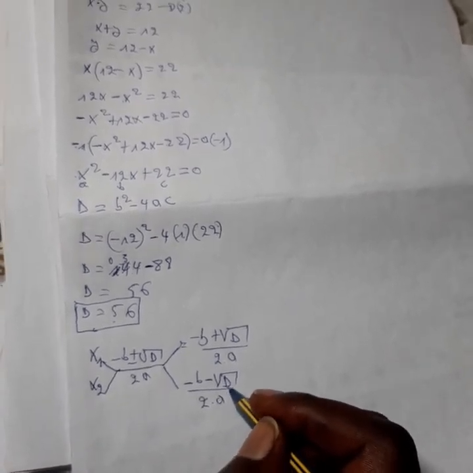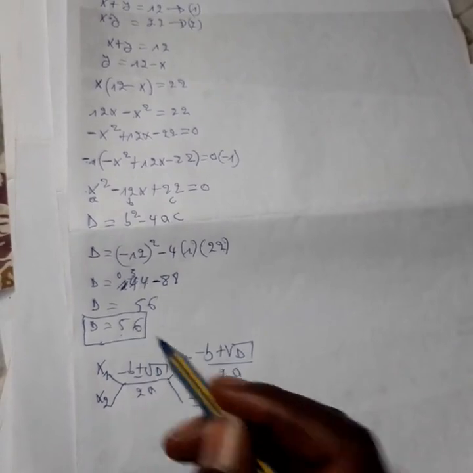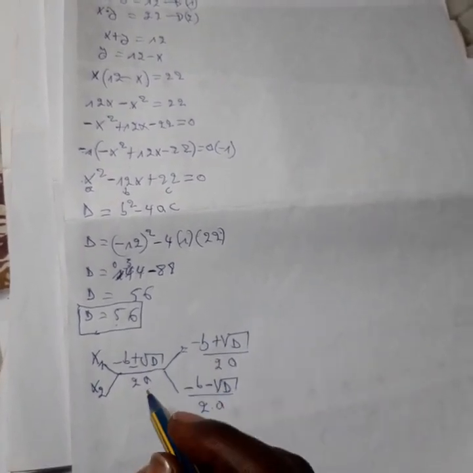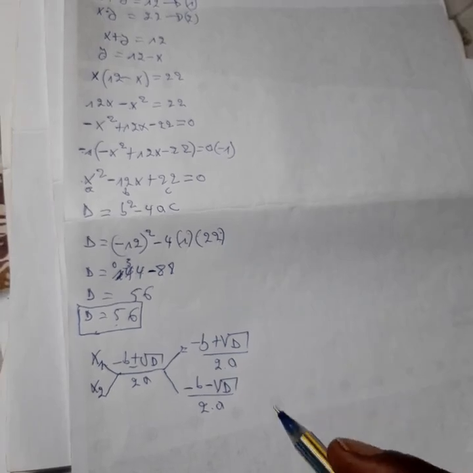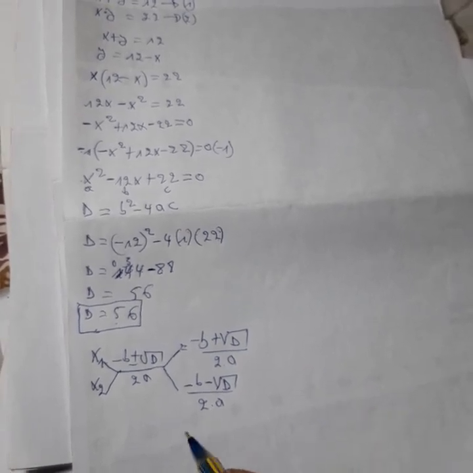This d is this one. Then we're going to replace the values.